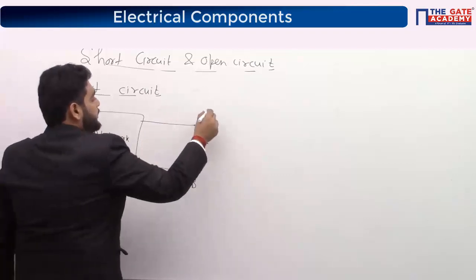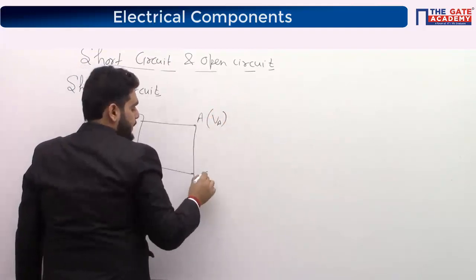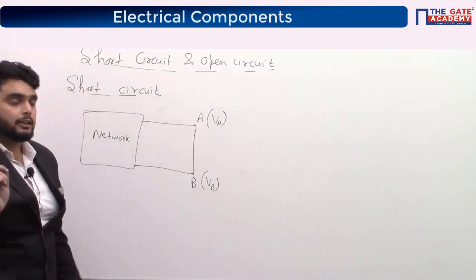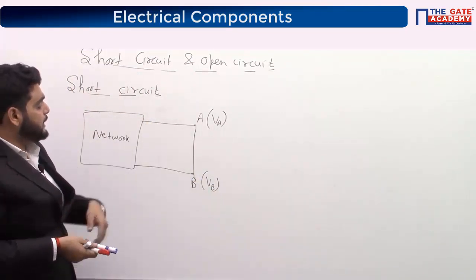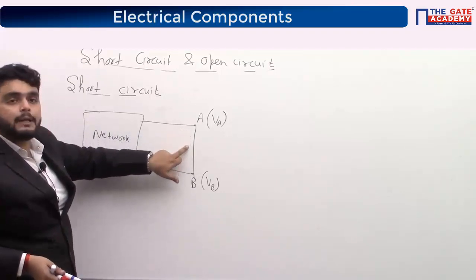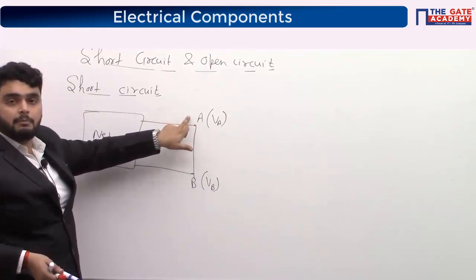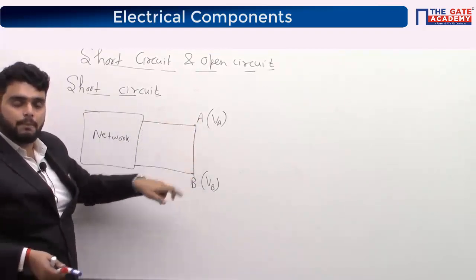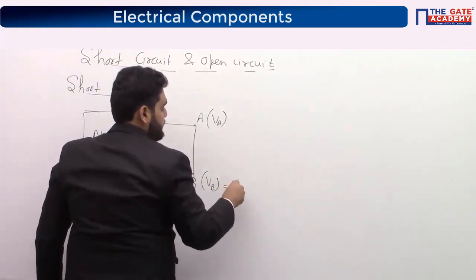Okay, here the voltage is A, here the voltage is B, right? When I connected both the terminals, so you can see there is not any element present here. It means whatever the potential of this terminal, the potential of this terminal is also the same, because there is not any drop here. So I can say here VB is also equal to what? VA.